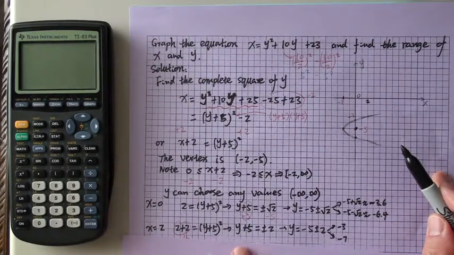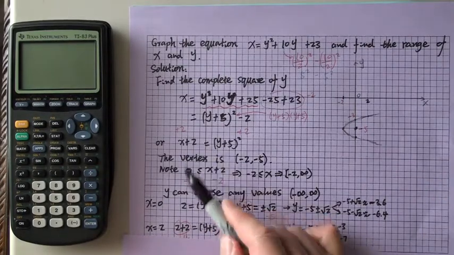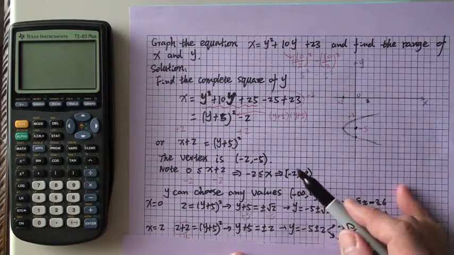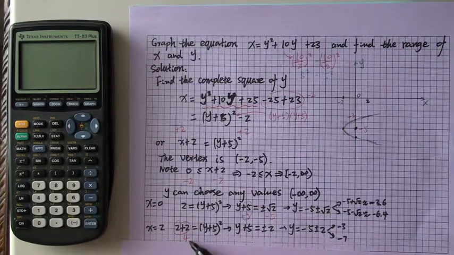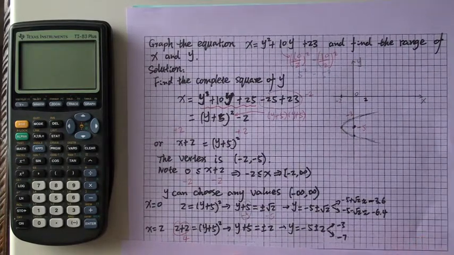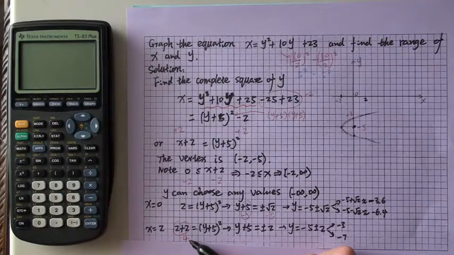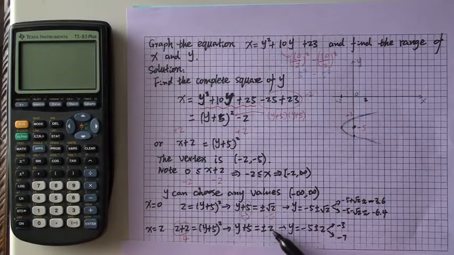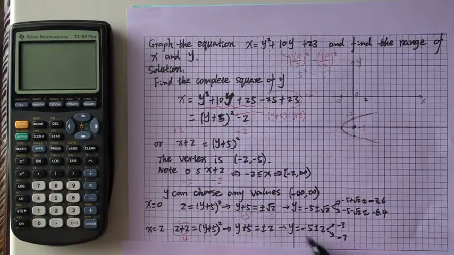So then what you get is x is 2, 2 plus 2, which gives you 4. And you see I wrote 4 down here. The right hand side is y plus 5 squared. Choose the square root: y plus 5 equals positive or negative 2, because the square root of 4 is positive or negative 2, and then subtract negative 5 as we did above.